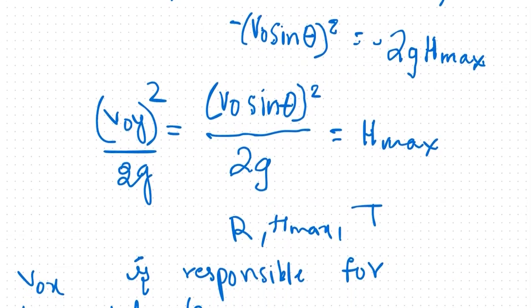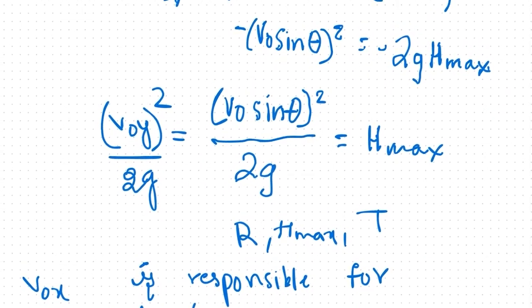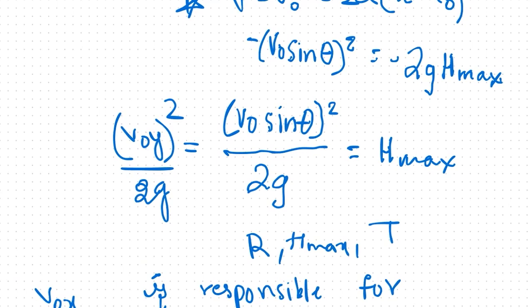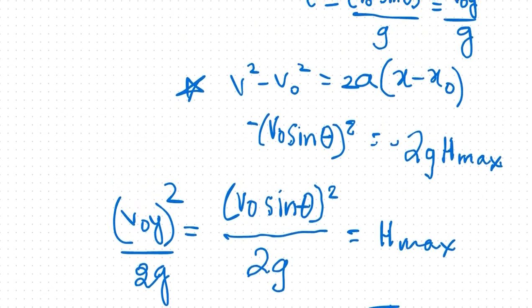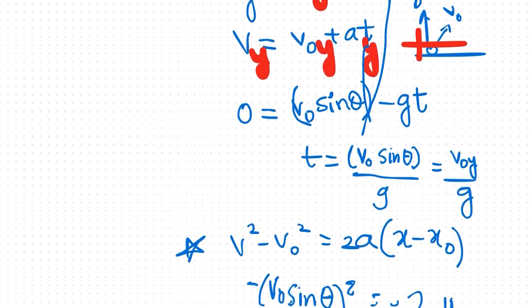So we just got H max. Can we use one more equation? So far we have used v equals v naught plus at, and v square minus v naught square is equal to 2ax.